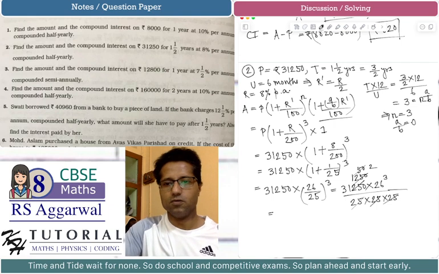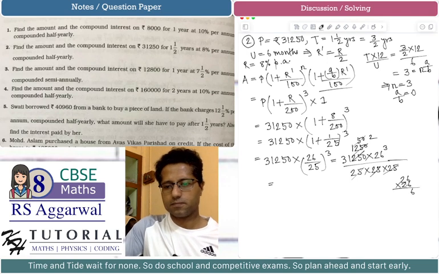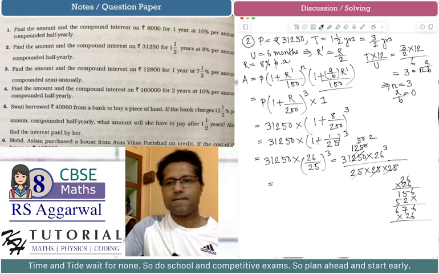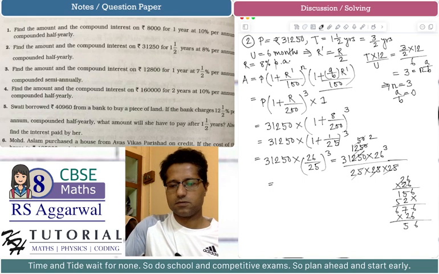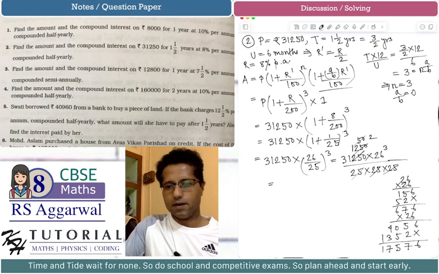Now what is 26 cube? 26 square is 676. Once again, 676 multiplied by 26 is 17,576, and then multiplied by 2.